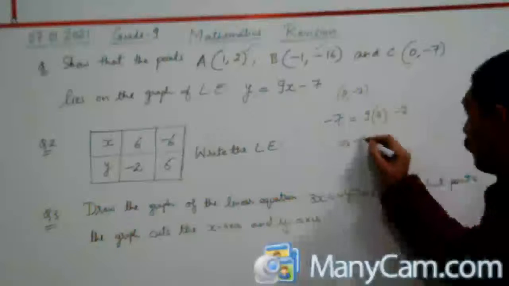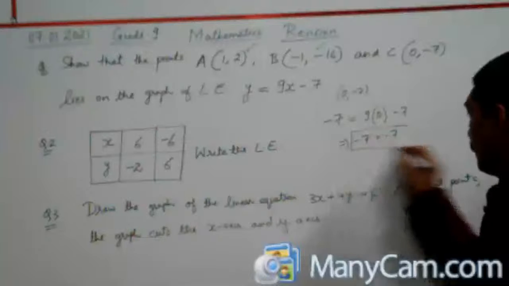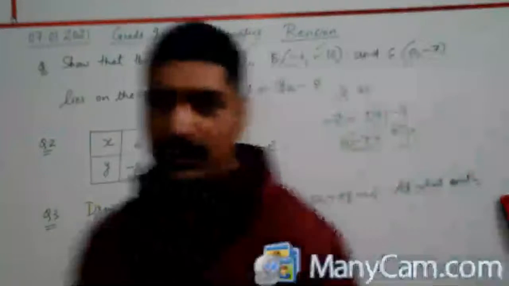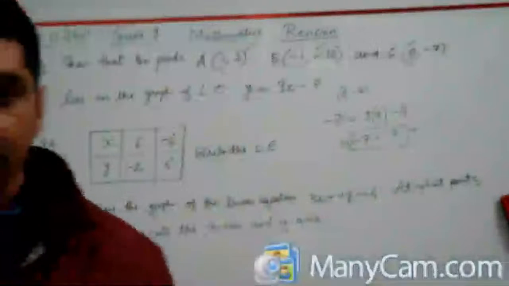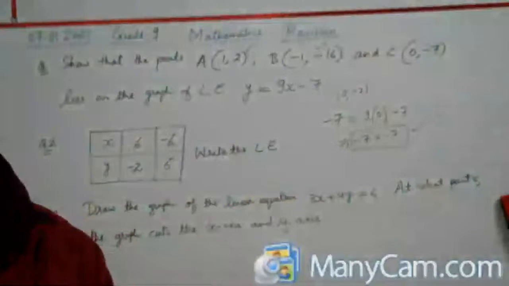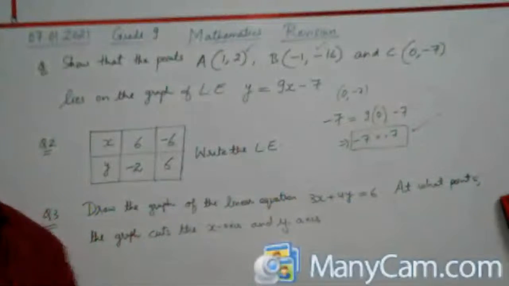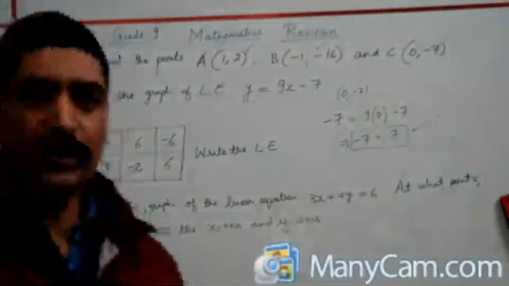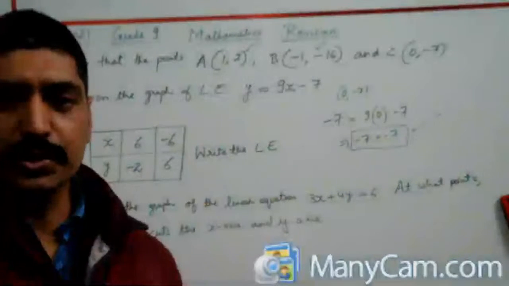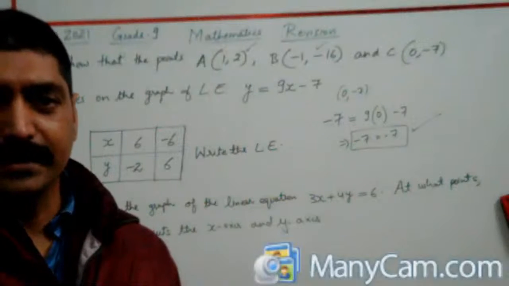So all 3 points lie on the graph, right? Very right, Arjun, all points lie on the line y is equal to 9x minus 7. Or we can say that all these 3 points are the solution of this line.